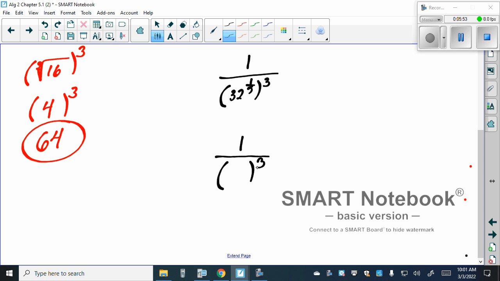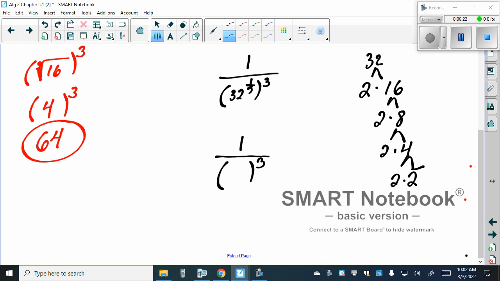Now to find the 5th root of 32, because 32 to the 1/5 is the 5th root of 32, we need to see what times itself 5 times is 32 if we want to simplify this. We can factor tree, as we can say 2 times 16. 16 is 2 times 8. 8 is 2 times 4, and 4 is 2 times 2. 1, 2, 3, 4, 5.